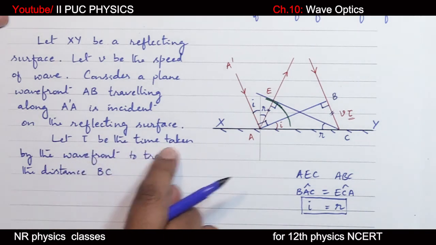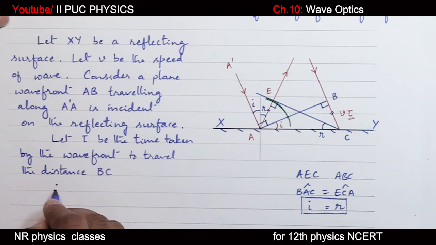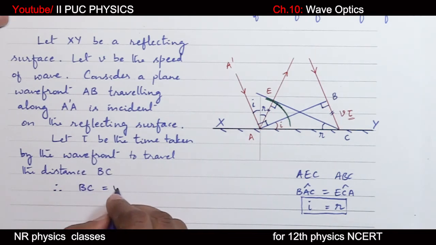Let tau be the time taken by the wavefront to travel the distance BC. Therefore BC equals V into tau.